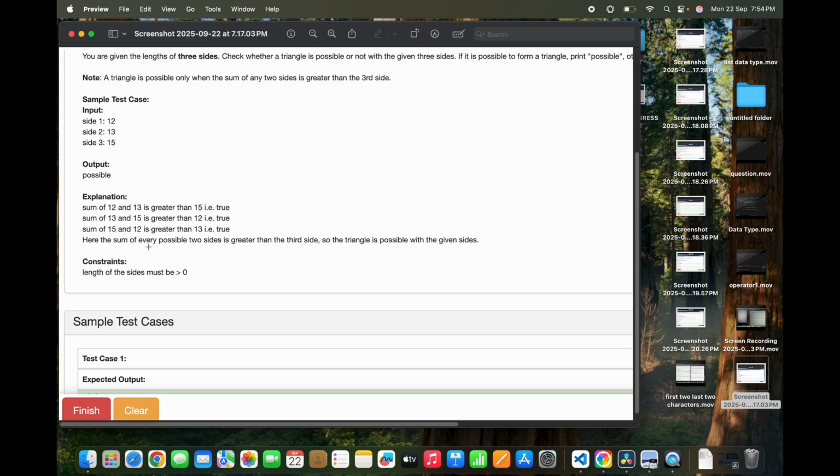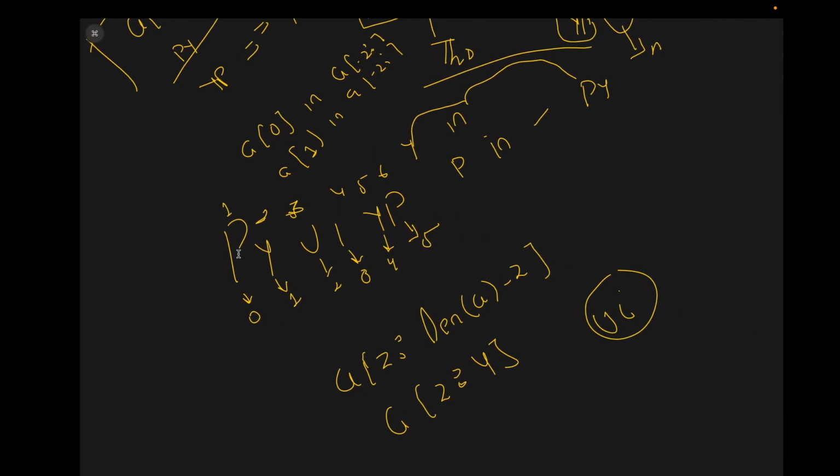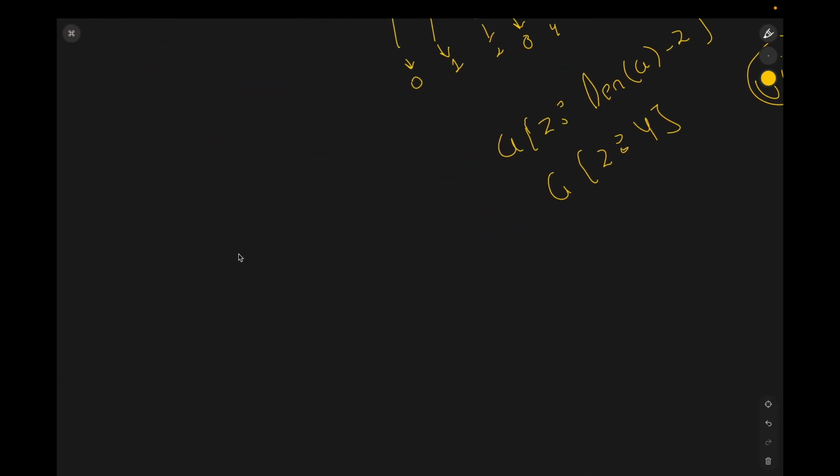So here what you have to do is add every possible pair of sides and check it with the third side. If I explain it here, it is something like this. Let's say side 1 is equal to 15, side 2 is equal to 13 and side 3 is equal to 12, right?